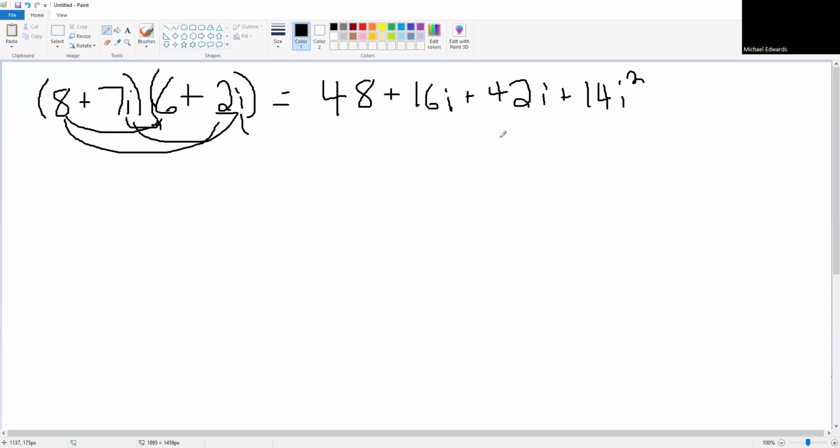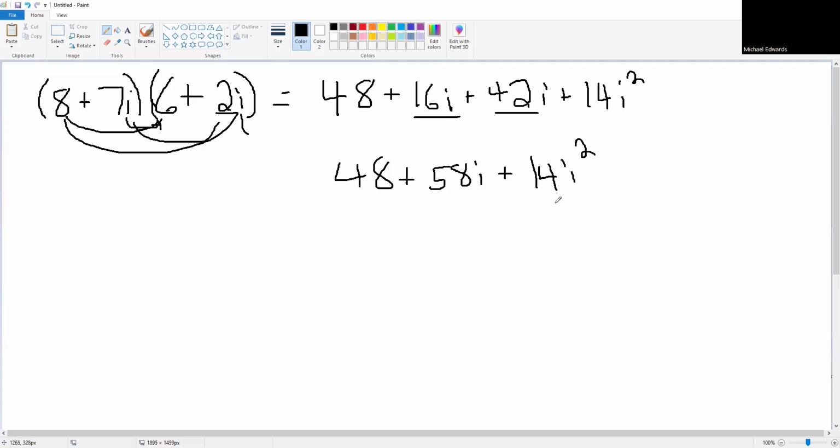Okay. So we need to simplify, combine like terms. We can combine these two inner ones. So this would be 48 plus 6, 7, 8. 58i plus 14i squared.